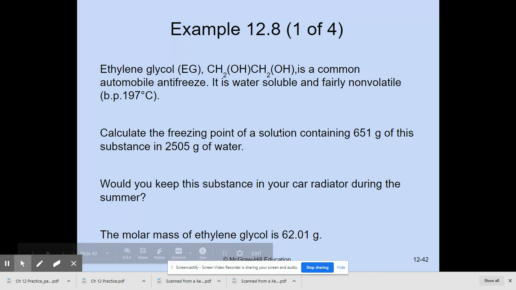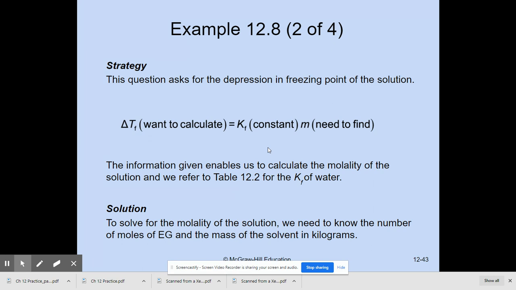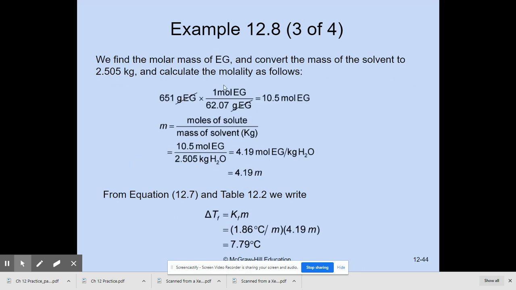So this is that freezing point depression equation. Delta T is Kf times the molality. Remember, molality is moles of solute over kilograms of solvent. And then we plug that into the equation with the K value for ethylene glycol. So we need to calculate molality and then plug in the constant.